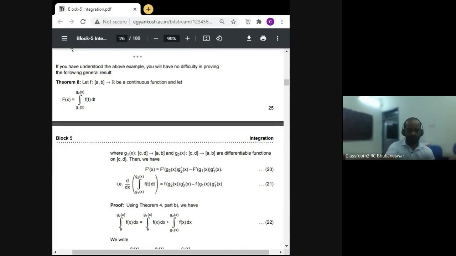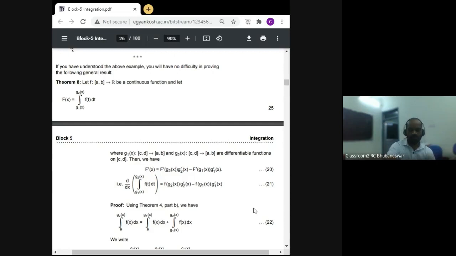So it is dy/dx of the integral from g1 to g2 of f(t) dt. Here, in place of t in the integrand f, we substitute the upper limit g2(x), and multiply by the derivative of the upper limit, g2'(x), minus again the integrand f, with t replaced by the lower limit g1(x), multiplied by the first derivative of the lower limit, g1'(x).